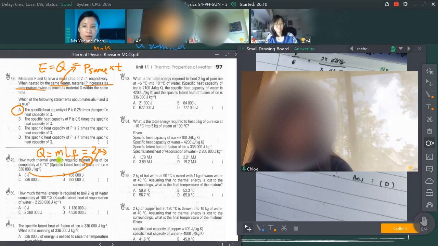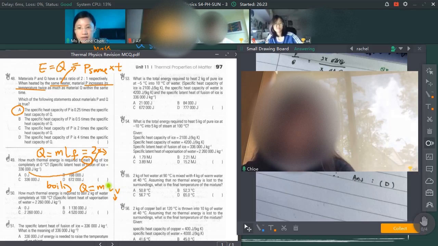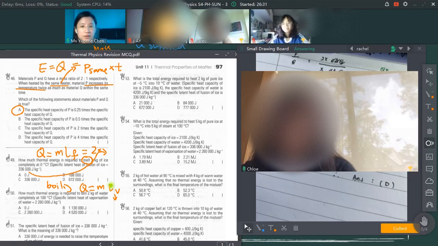Boiling also uses ML, but for boiling, Q equals M times LV. This is called latent heat of vaporization. LF is the latent heat of fusion. So formula-wise it is the same, but the value will be different. In both cases we use the formula Q equals M times L.